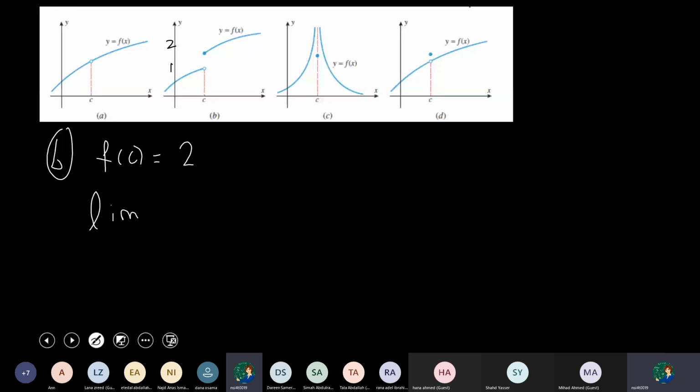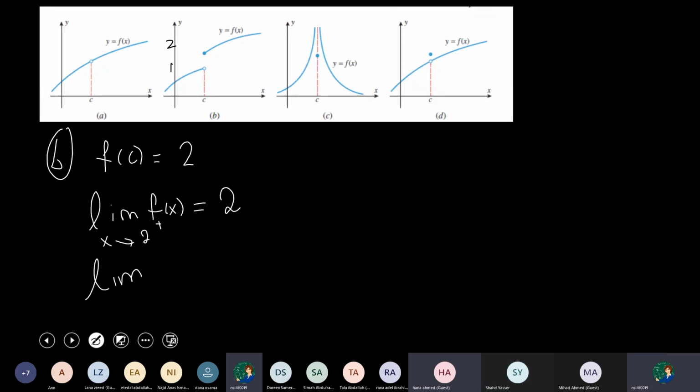The limit of f when x approaches 2, but from the right now. 2. Thank you.